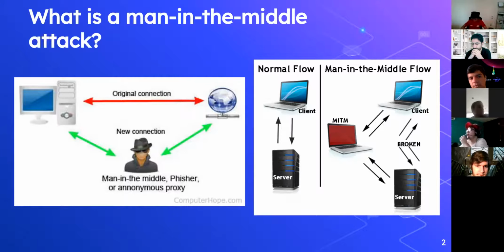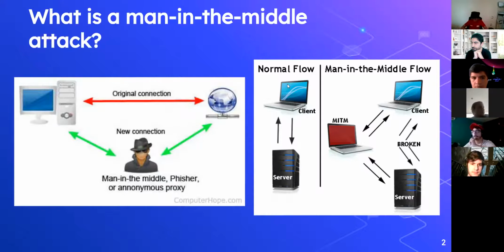So in this attack, the man in the middle intercepts a normal connection between the client, who is the victim, and the service they are trying to access. What he does is fake a normal connection between them, but he is actually controlling the flow of the information being exchanged.